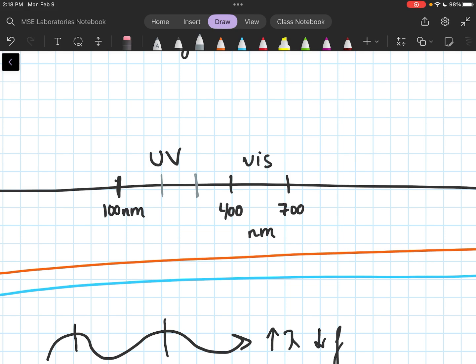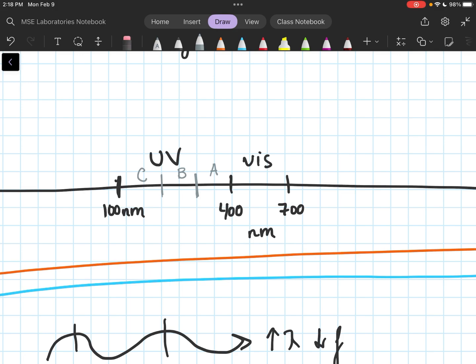Okay. If you are purchasing sunscreen, you will see on the sunscreen that it protects against UVA and UVB. This is what the sun puts out, A and B. Well, the sun puts out a whole lot more than that, but that's what makes it through our atmosphere, is UVA and UVB. There's a third type of UV called C.